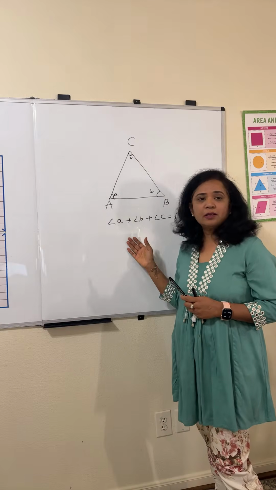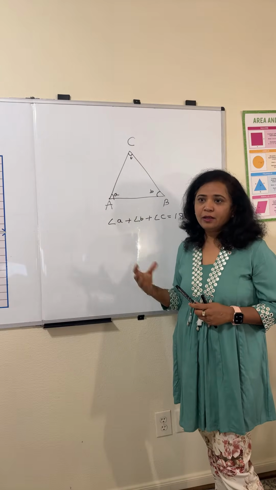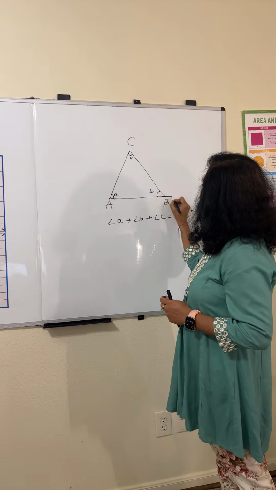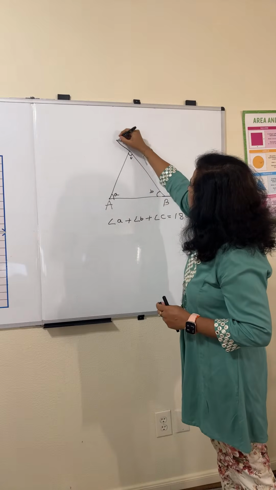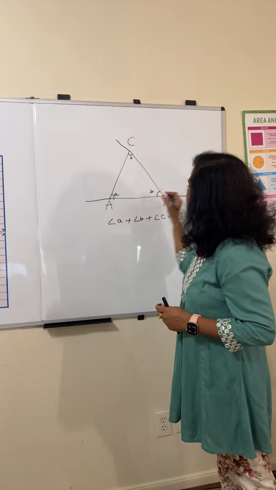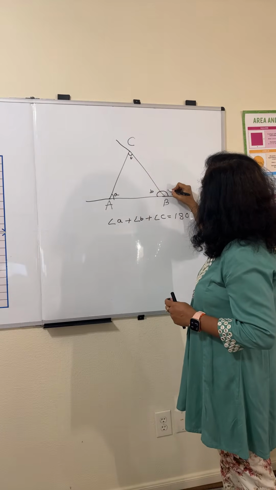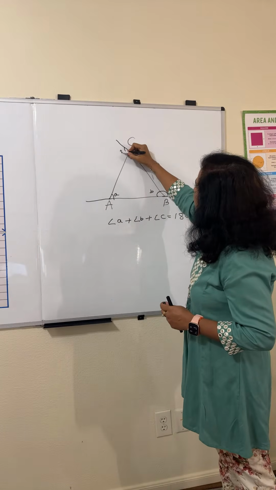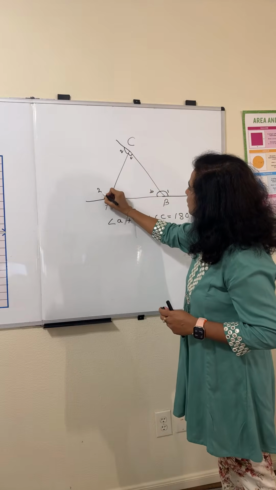Now this is the internal degree sum, right? If we have one external angle also with us, I am calling them 1, 2 and 3.